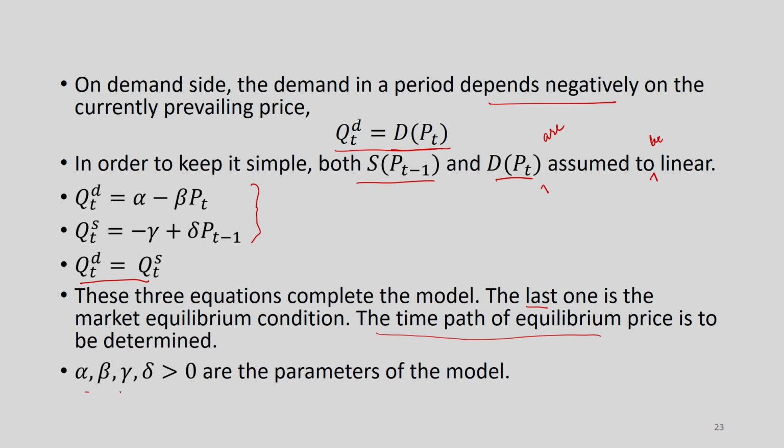What about these parameters alpha, beta, gamma, delta? These are all assumed to be positive. That is what makes the demand function a declining function of the price of that period, and the supply function an increasing function of the price of the previous period.